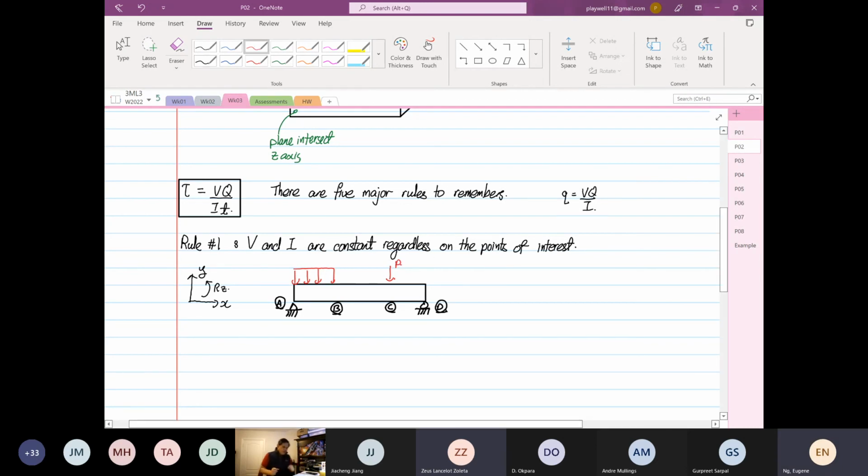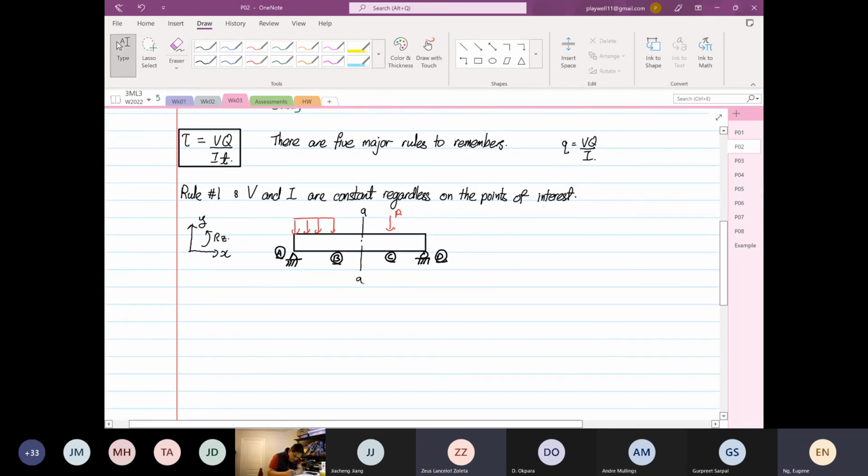Now, if we are interested in a certain section, so we are interested in this section over here, we call this section our small AA section. So the next thing that we're going to draw is the cross-sectional view of AA.